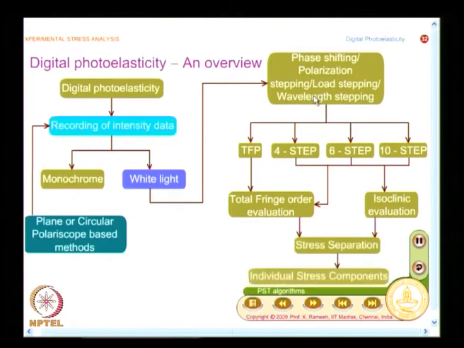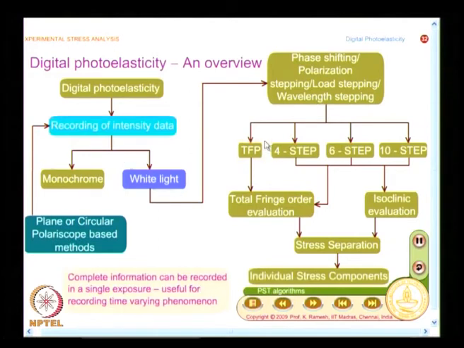And these can be further classified as, we have looked at already, what is 3 fringe photoelasticity. And when I look at any of these phase shifting, polarization stepping methods, we have already noted, each researcher came up with a particular optical arrangement and a number of steps that he has to use. So, you have 4 step methods, 6 step methods, and also 10 step methods.